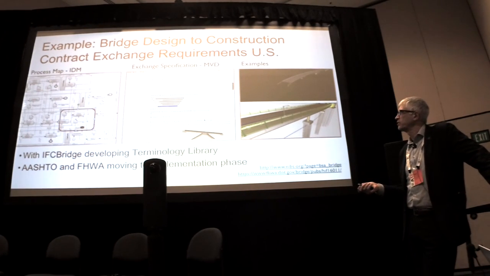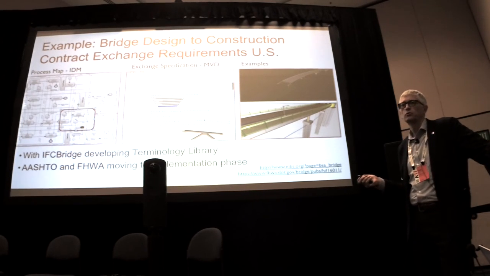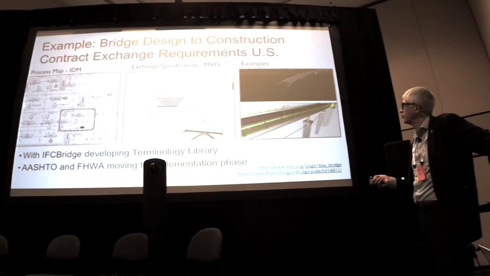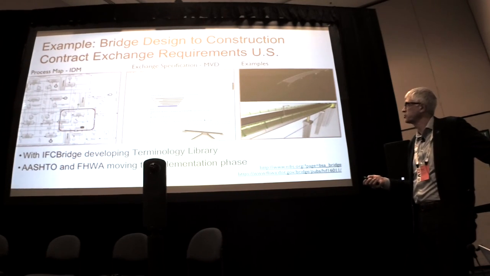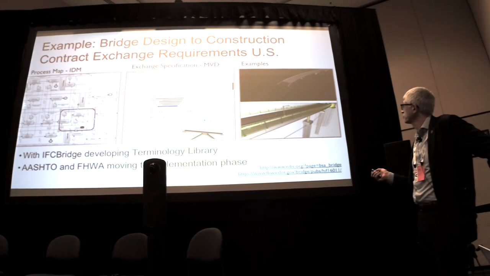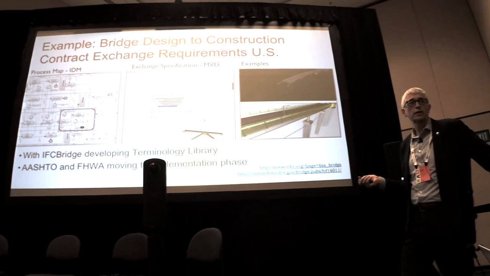So we did this for design to construction contract exchange for bridges, and we were able to use the model view definition tool to write exchange requirements. We used 2 example bridges as a way to specifically establish the requirements, and then we tested it in software, and so this was generated, I think one of these comes out of Revit, another one comes out of Tekla.